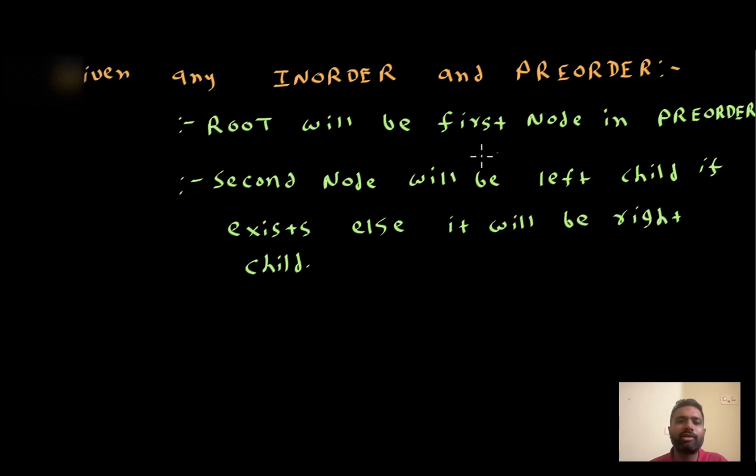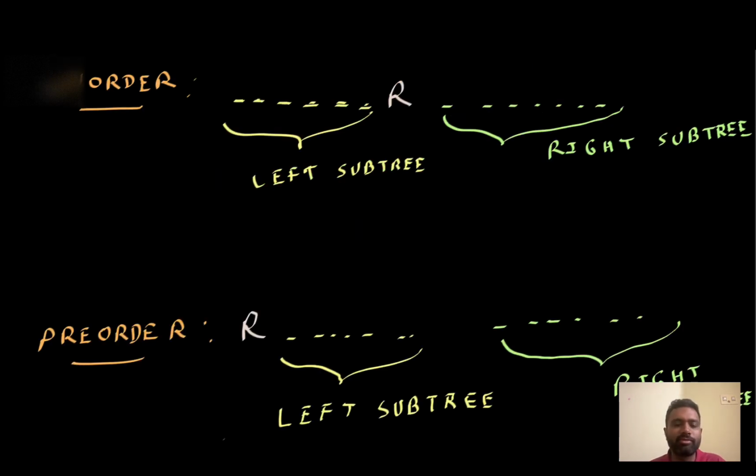So given in-order and pre-order traversal, you have found the root. Once you have found the root, you can identify all the nodes in the left subtree and right subtree, because if you observe this property, in in-order the root will be in the middle, all the nodes in the left subtree will be on the left side of it, and all the nodes in the right subtree will be on the right side of it.